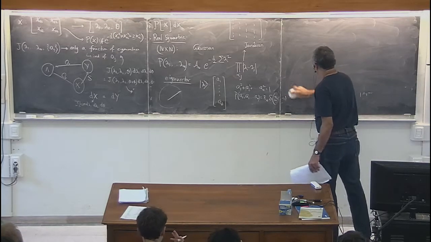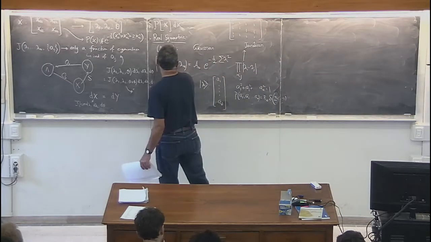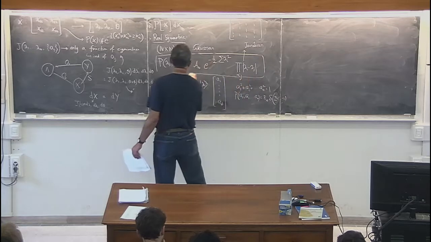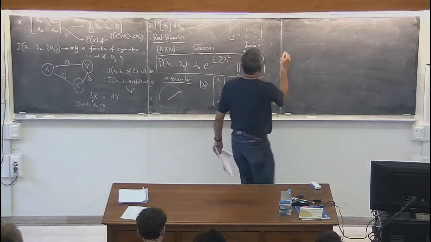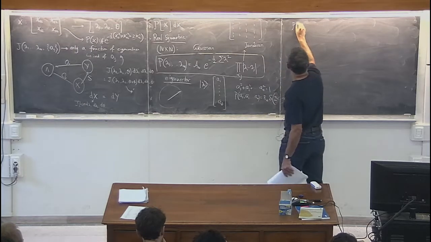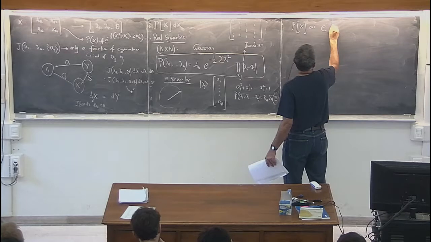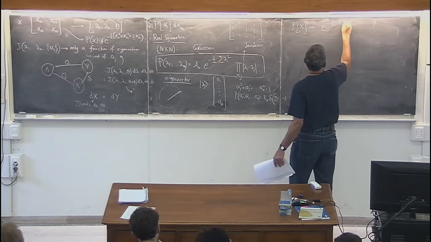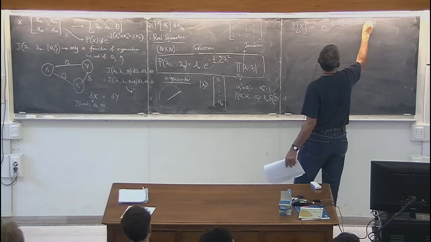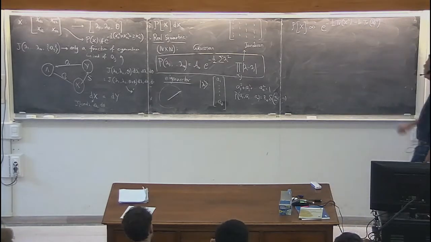Now, this goes back to your question: suppose that instead of Gaussian, I take something like minus half trace x squared, but I add a term trace x fourth, or in general any potential of this kind. In this case, the entries are correlated because of the x fourth term.